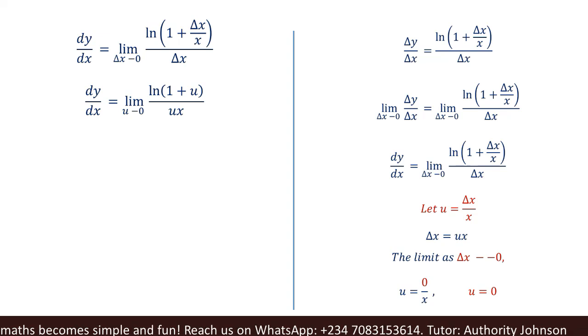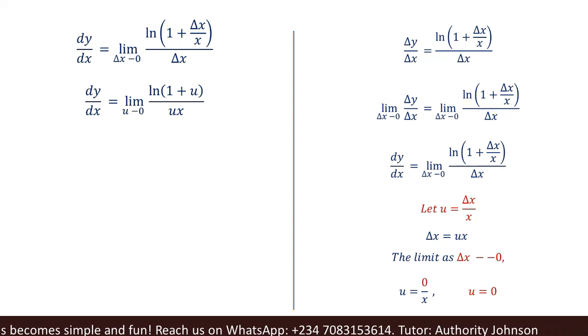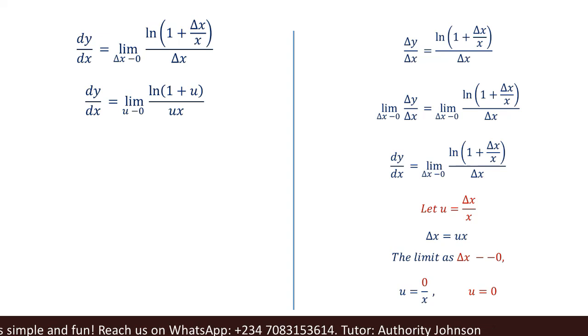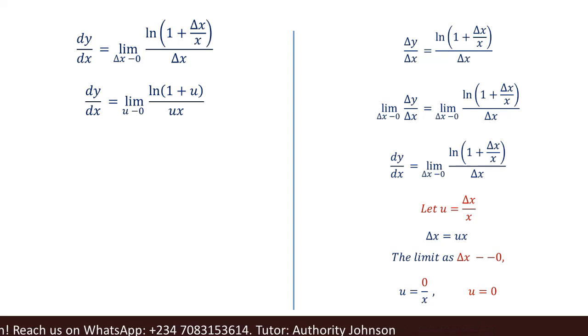Now, ln of 1 plus, in place of change in x all over x, we're going to have u, all over, in place of change in x, we have ux. It's getting interesting, right? Good. Here we have dy all over dx is equal to limit as u approaches 0.